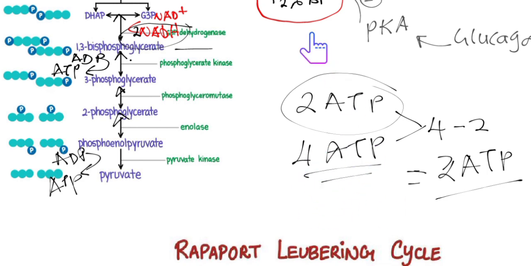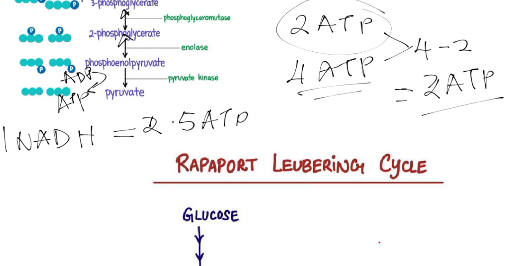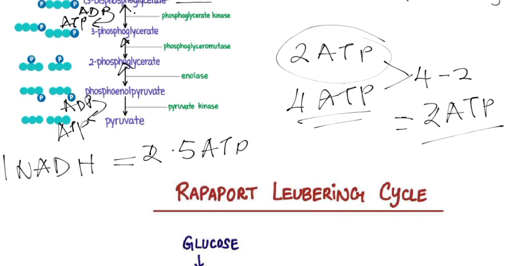Now, let's also add the indirect ATP produced. Okay? How many ATP are we producing indirectly through these 2 NADH molecules? So we should know, guys, that 1 NADH is equal to 2.5 ATP. So if we are making 2 NADH, it is the same as what?